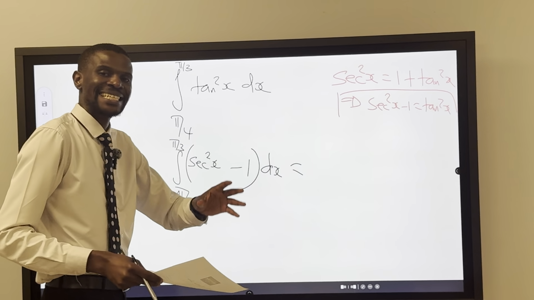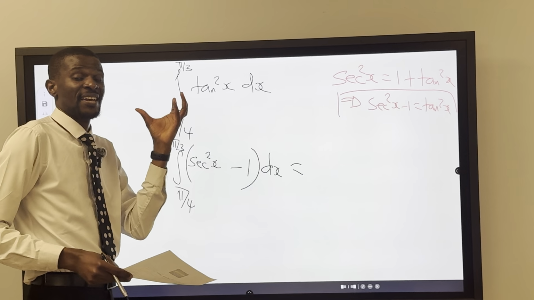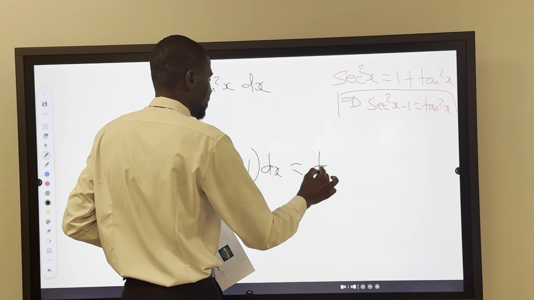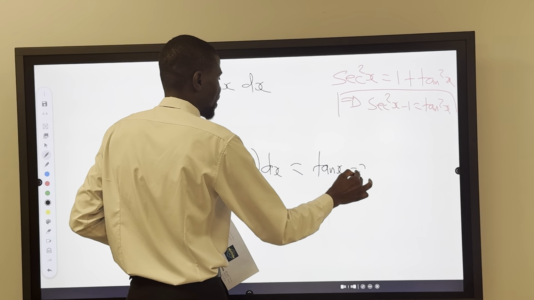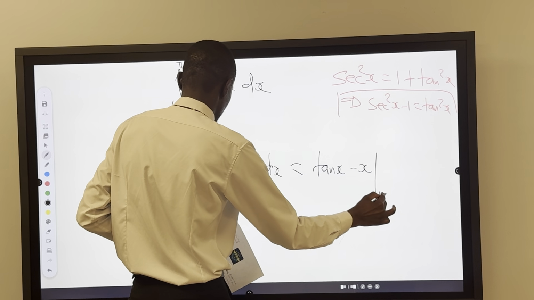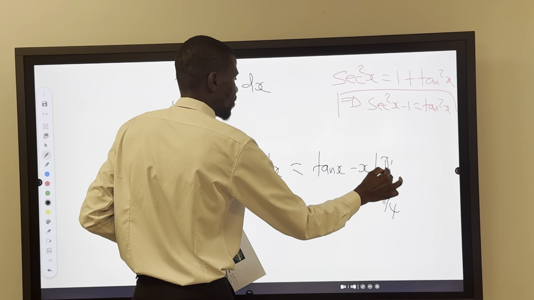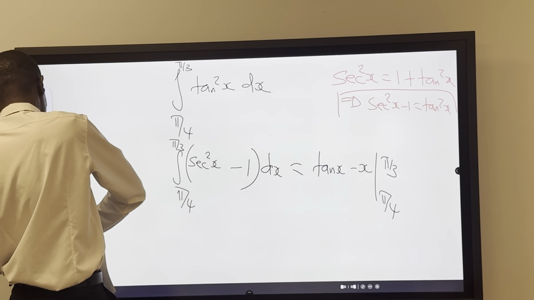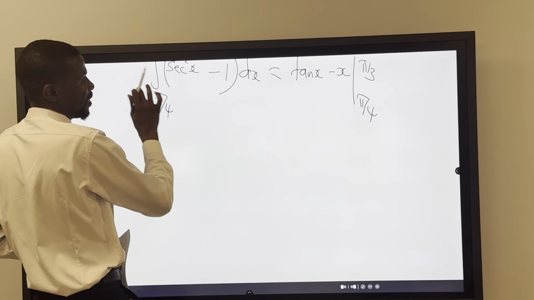Remember, when we differentiated tan, we got sec squared. So now if we integrate sec squared, it's the opposite, and we must get tan. So we're going to get tan x minus x. Then our limits are from pi over 4 to pi over 3, so it's upper limit minus lower limit.